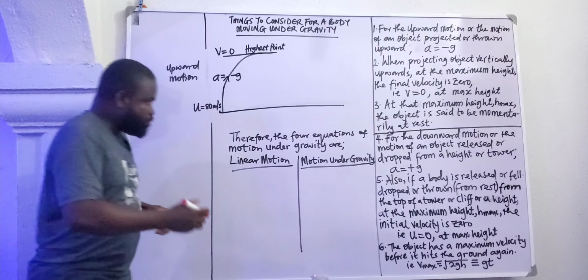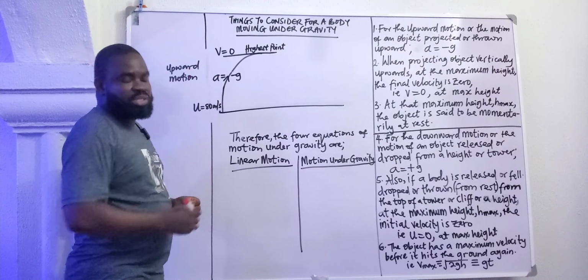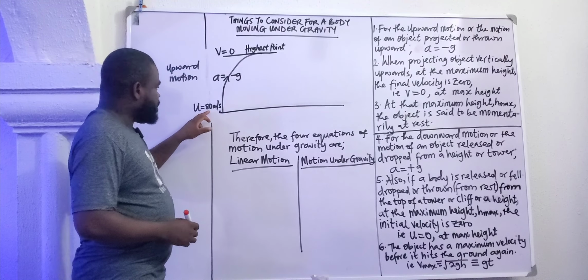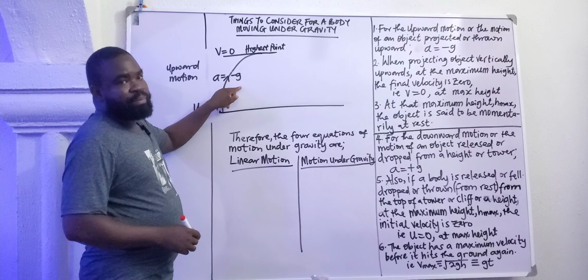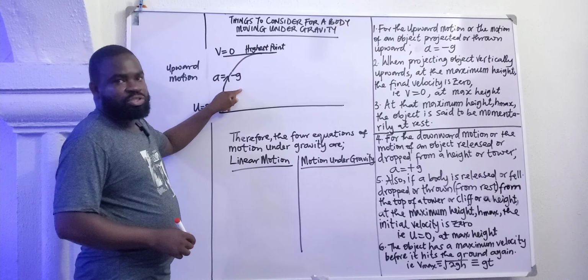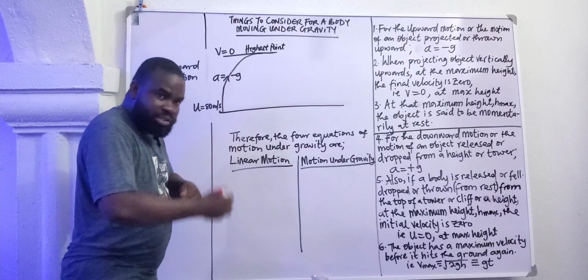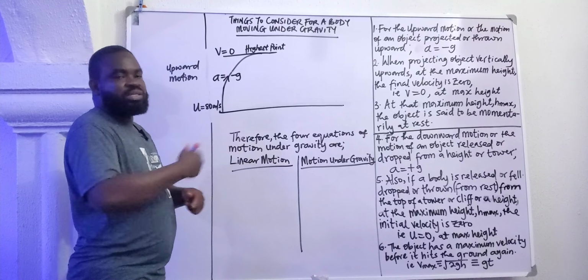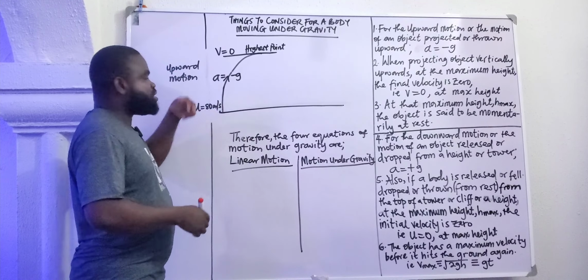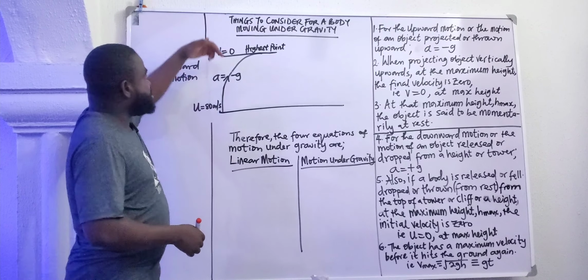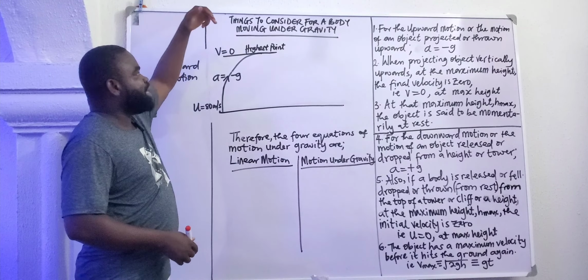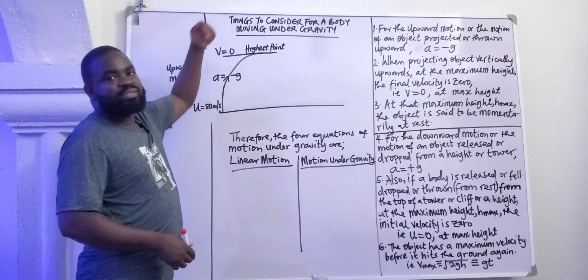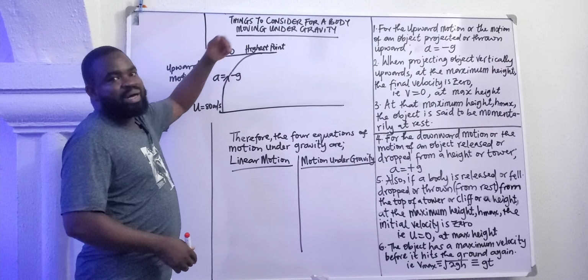Once again, when you throw the body up with a certain velocity, say 80 meters per second, the acceleration of that body is minus g, meaning the body is retarding, is decelerating, the velocity is reducing until it will reduce to what? 0 at the highest height, at the highest point, at the maximum height.